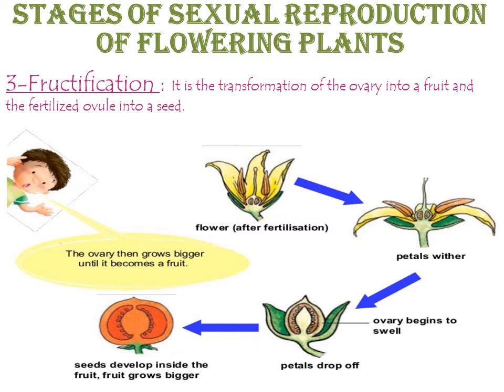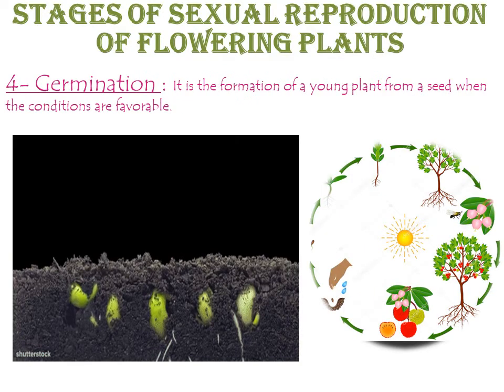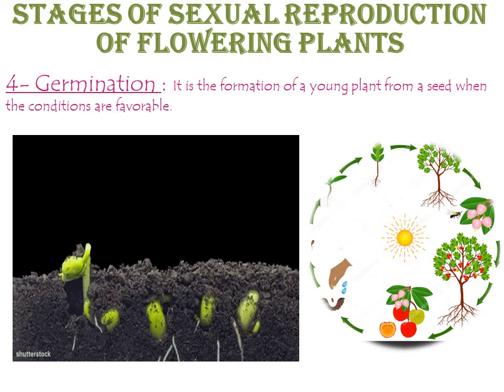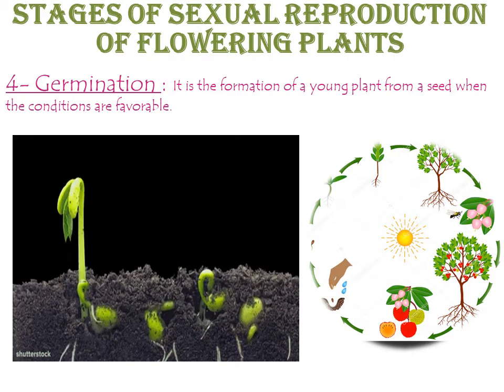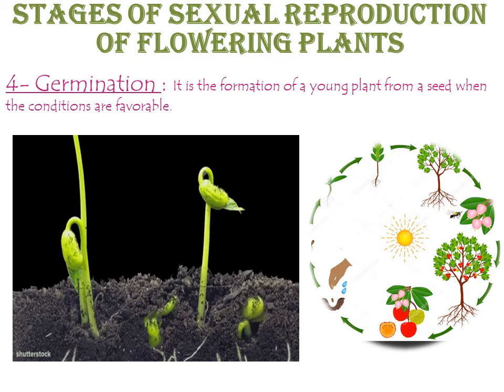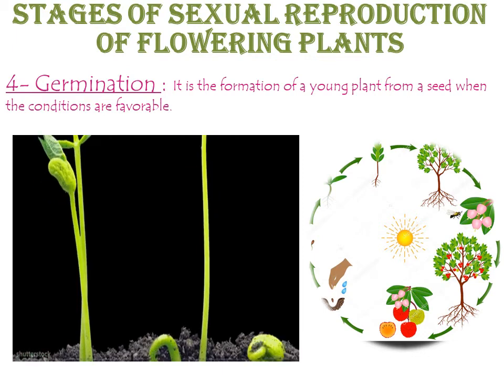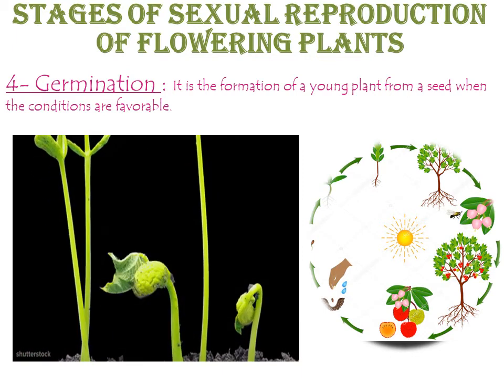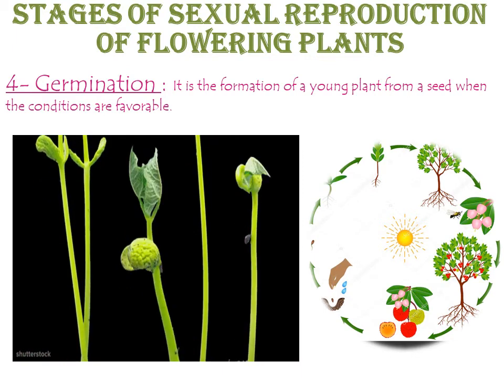This is fructification, which is the transformation of the ovary into a fruit and the fertilized ovule or the embryo into a seed. The last stage is germination, which is the formation of a young plant from a seed when the conditions are favorable.